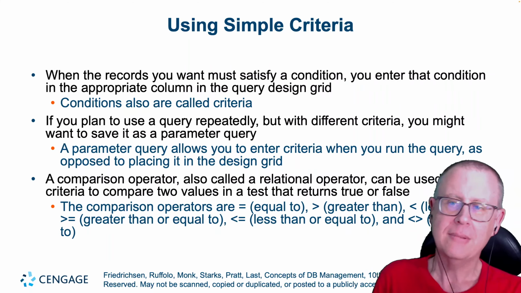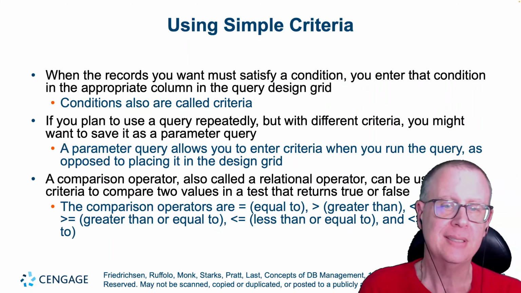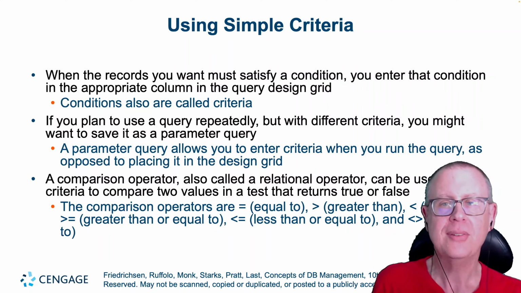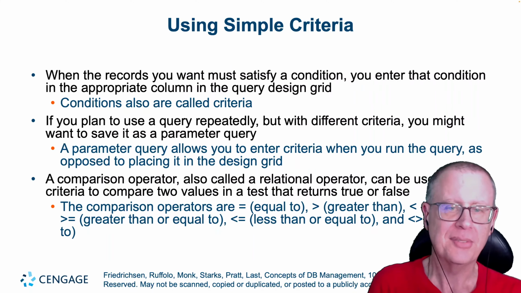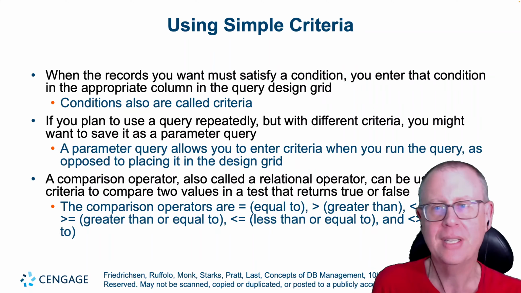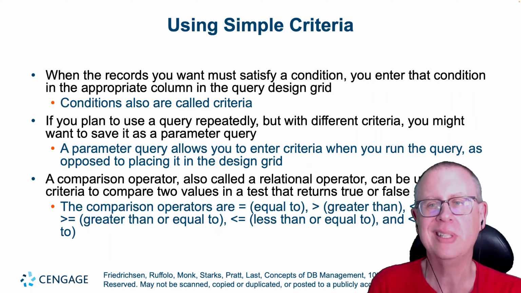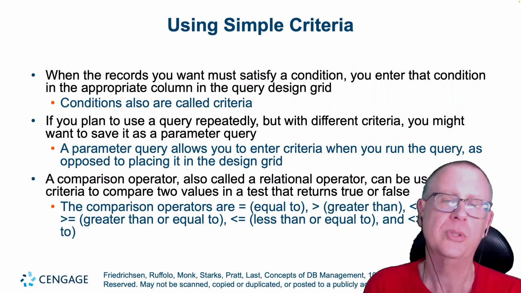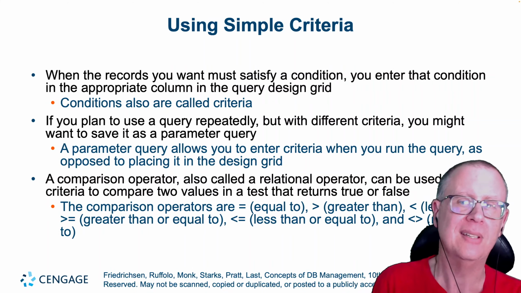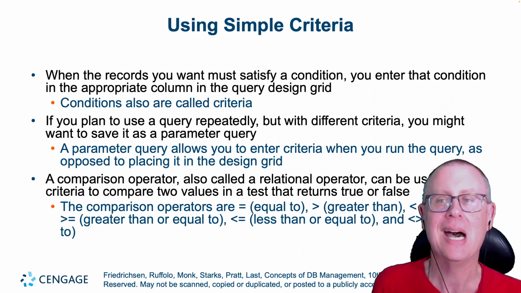When the things you're trying to find or extract from the database must satisfy a particular condition, that's usually called a criterion. If there's more than one criterion, then the plural is criteria.